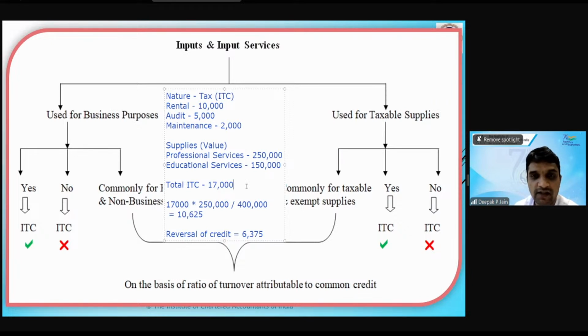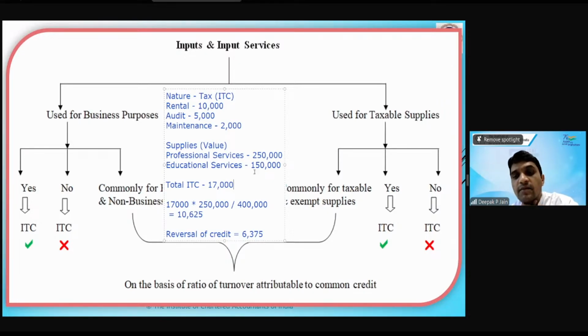So the reversal, once it is done, it is gone. You should not claim the credit again. So for the expenses done for the respective outward supplies which are exempted, we won't get ITC, and for the rest of the services we have to pay, otherwise the remaining balance will go in the reversal. Correct. Okay.